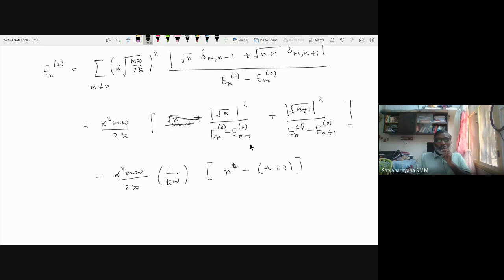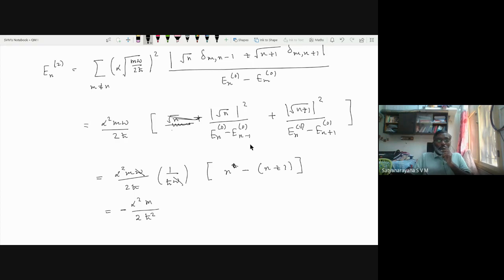So what does that give you? The 1 omega will cancel, and I have alpha square m by 2 h bar square with a negative sign.